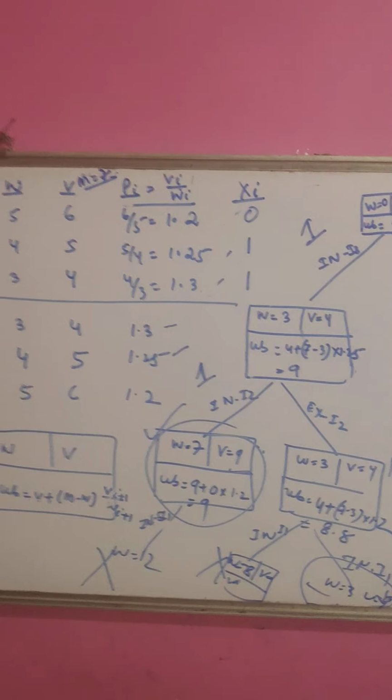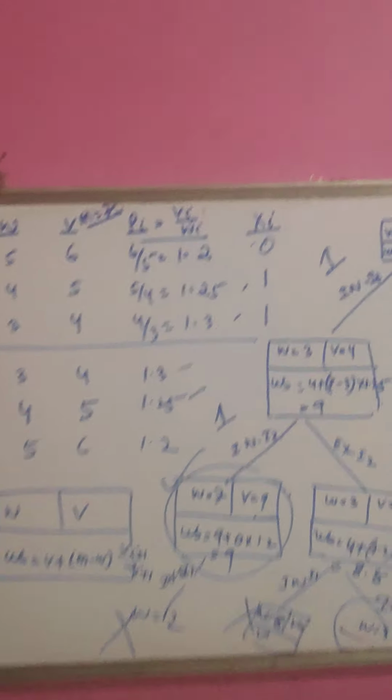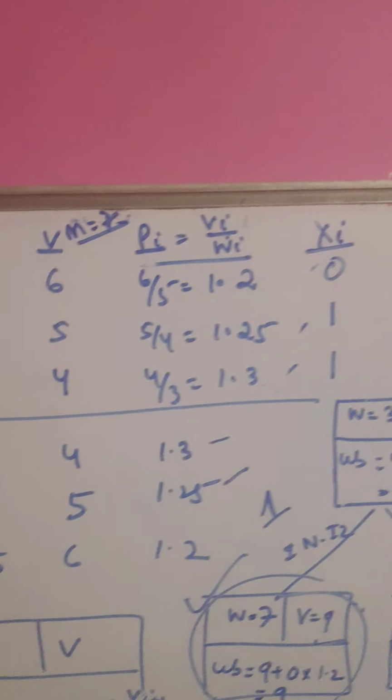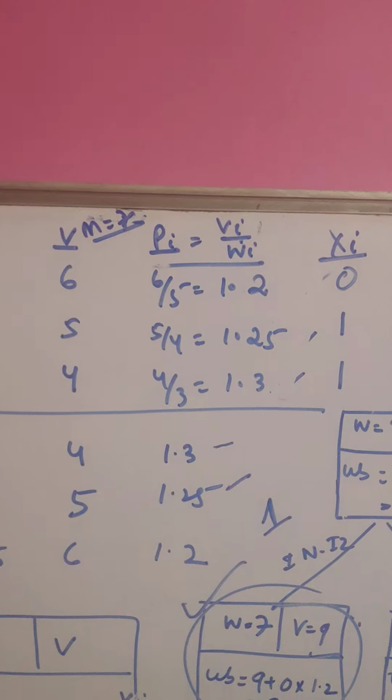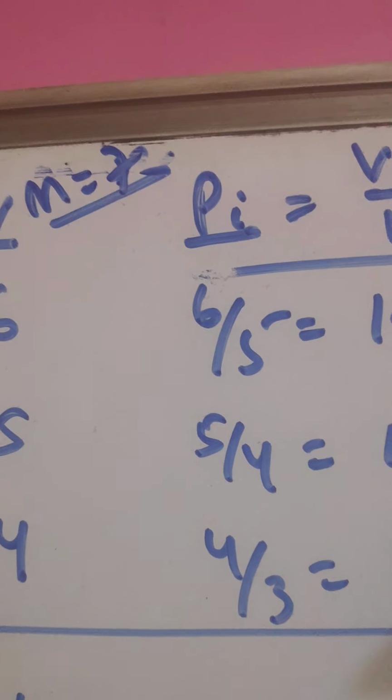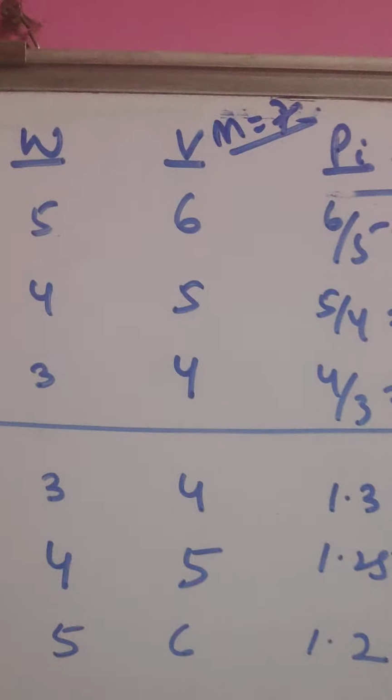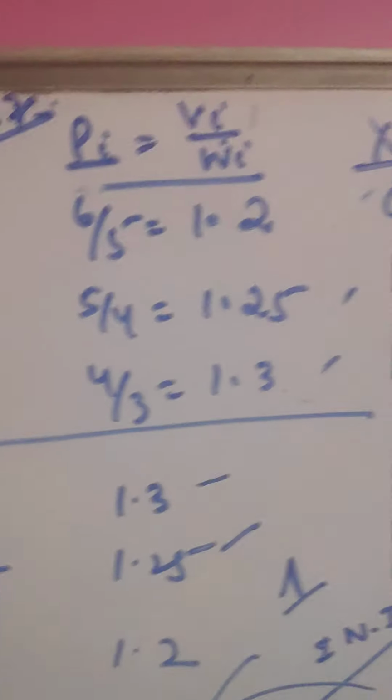So what is the maximum value? Maximum value is 6 into 0 plus 5 into 1 plus 4 into 1, so 5 plus 4, 9. So the maximum value is 9. This is the solution, and the answer is 0, 1, 1.